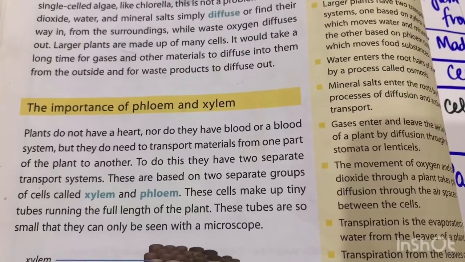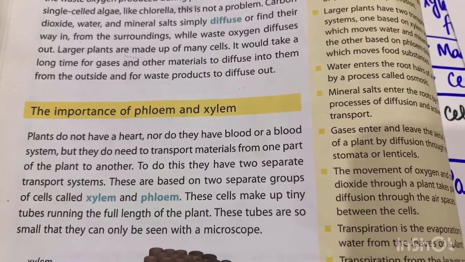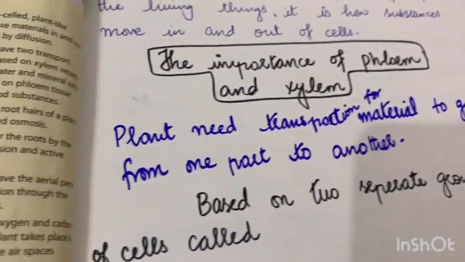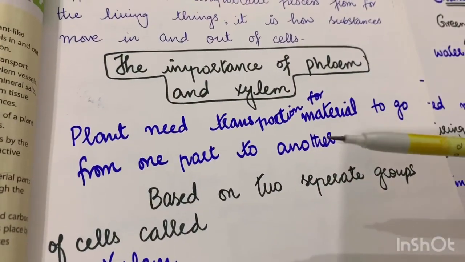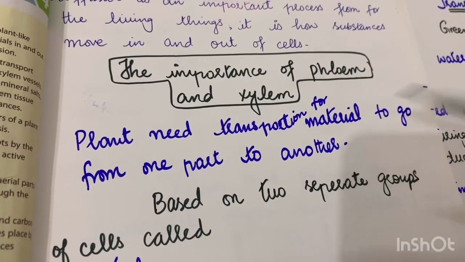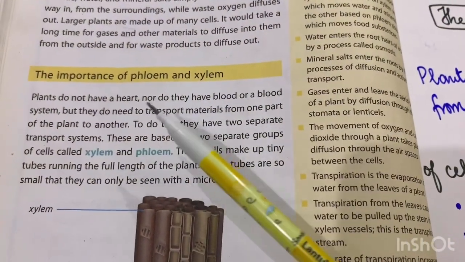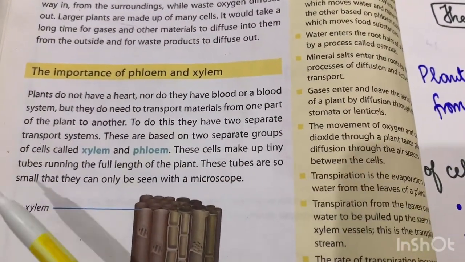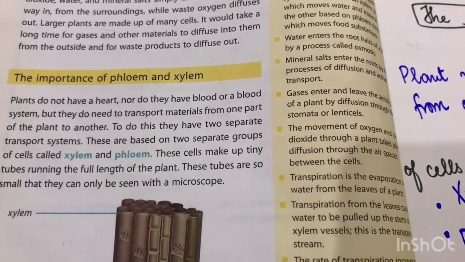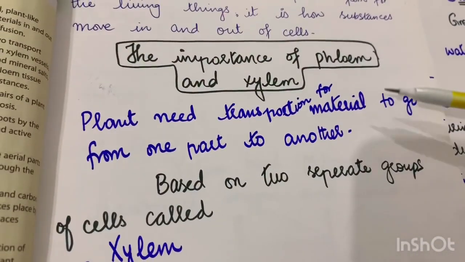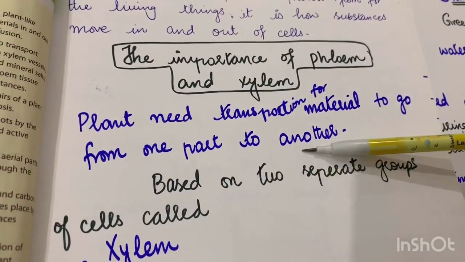Now we move on to the topic, the importance of phloem and xylem. Plants need transportation for materials. Obviously, plants, as it is written over here, don't have a heart, nor a blood system. They need to transport materials. So how are they transporting the material from one part to the other?